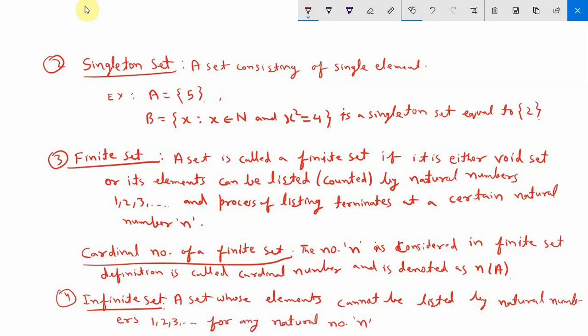Its elements cannot be listed by any natural number n.